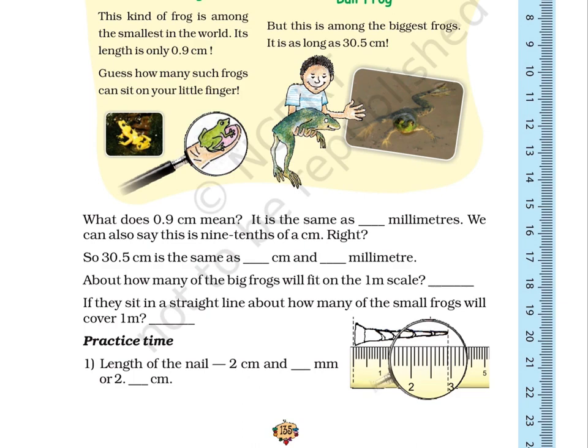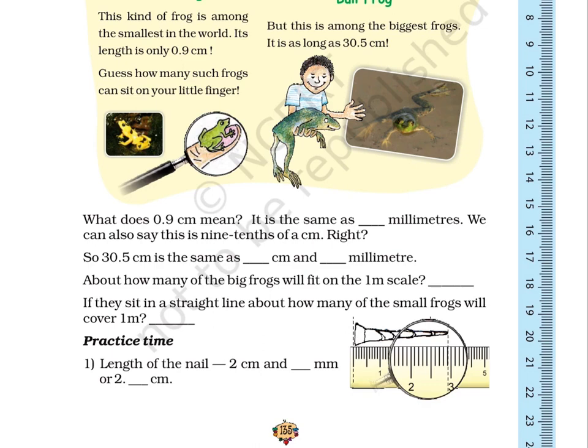So, 30.5 centimeters is the same as dash centimeters and dash millimeter. About how many of the big frogs will fit on the 1 meter scale? If they sit in a straight line, about how many of the small frogs will cover 1 meter?